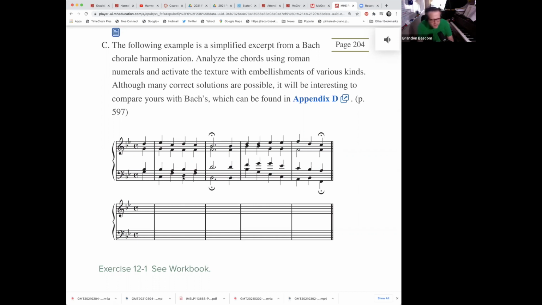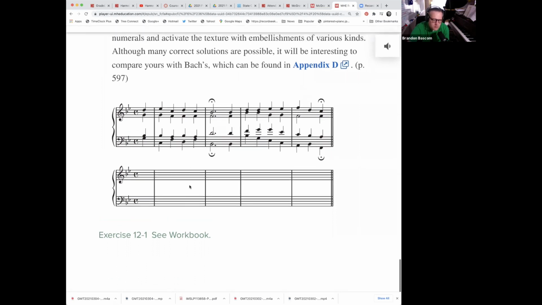I think we're in B flat major, but we're referencing G minor all over the place. Okay, so we're in B flat major.